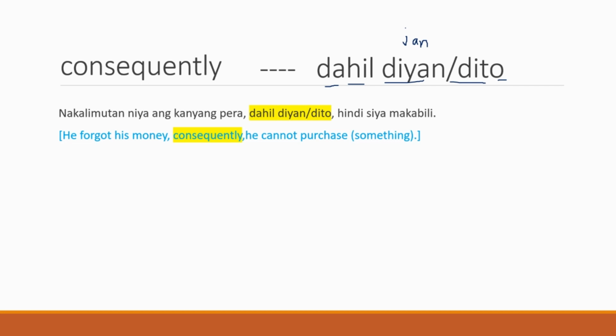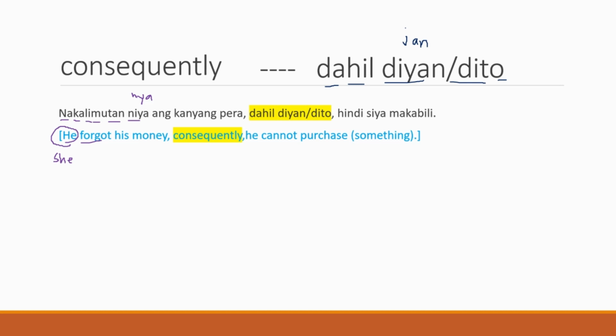Nakalimutan is forgot. Niya, pronounced as niya, is for he, the pronoun he. But we can also use niya for she. But in this sentence, we have here he.